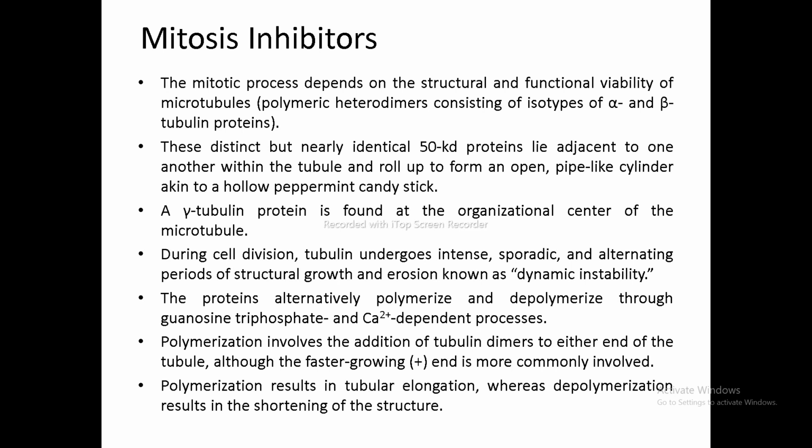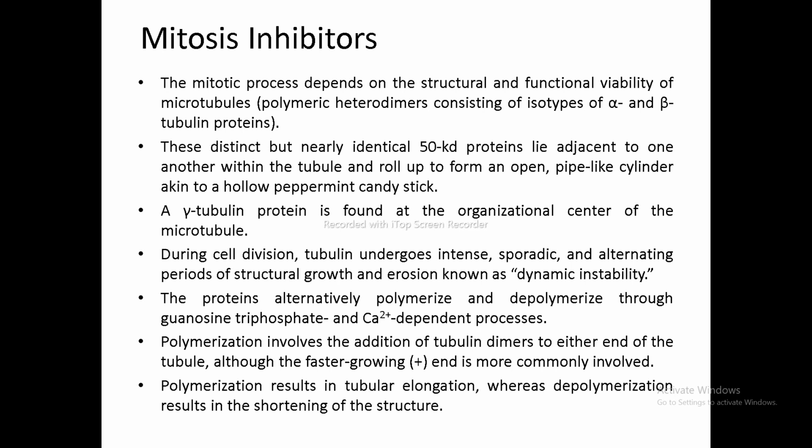So these microtubules are made up of alpha and beta tubulin proteins. These distinct but nearly identical 50 kilodalton proteins lie adjacent to one another within the tubule and they roll up to form the open pipe-like cylinder akin to a hollow peppermint candy stick.